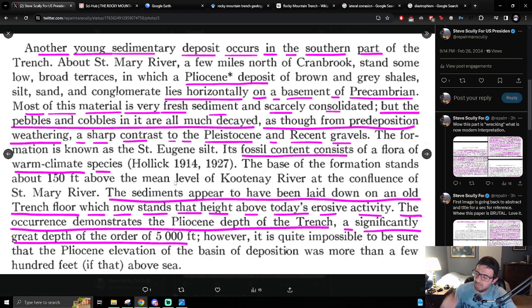Going back to that concept that this was deep and still overflowing at hundreds of feet above the floor, if there were later deposits of sediments, the occurrence demonstrates the Pliocene depth of the trench, a significantly great depth of the order of 5,000 feet. The trench, 5,000 feet of water flowing through this channel, pretty much.